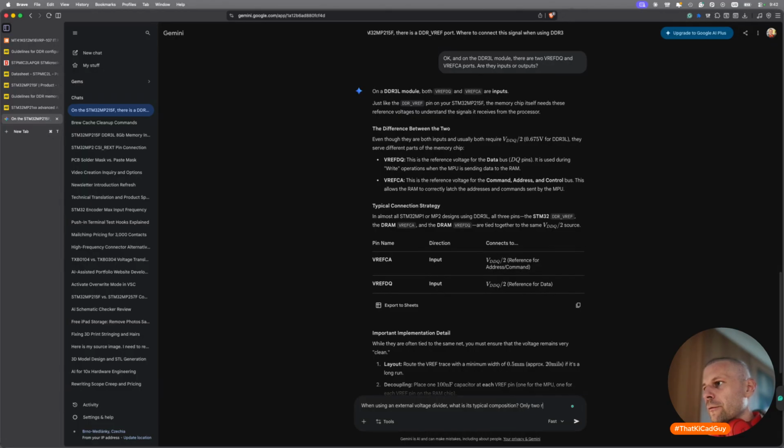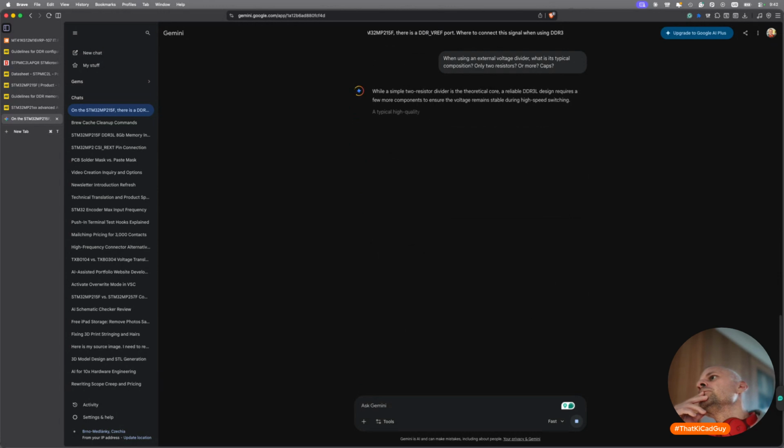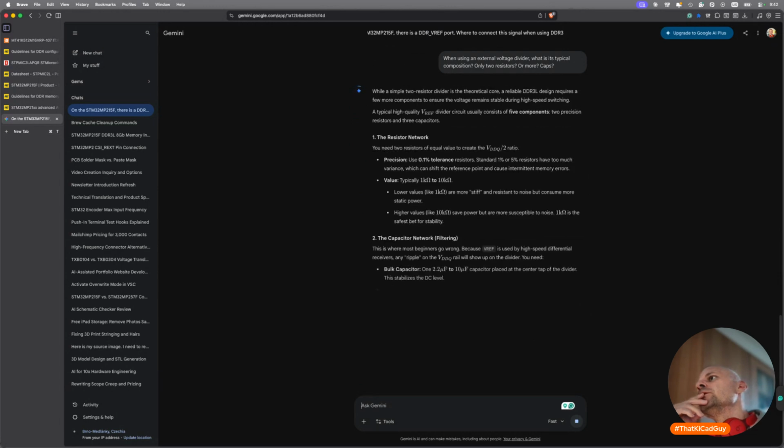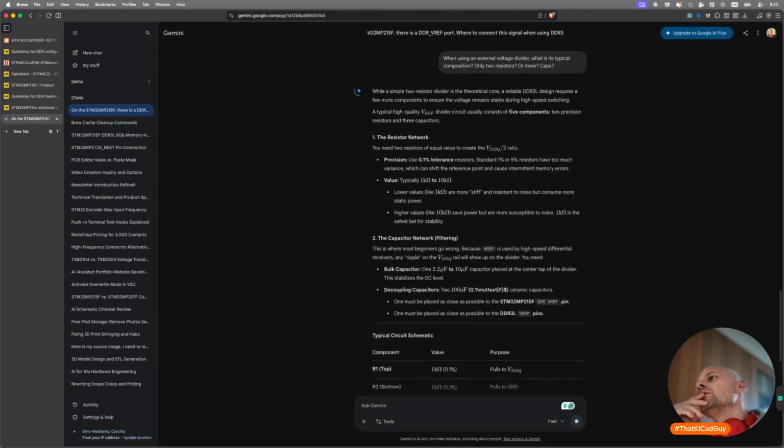Only two resistors or 4 caps? Five components, 2 precision resistors and 3 capacitors. Okay, so it's a divider in both DC and AC spectra. Okay, 1K to 10K, okay.